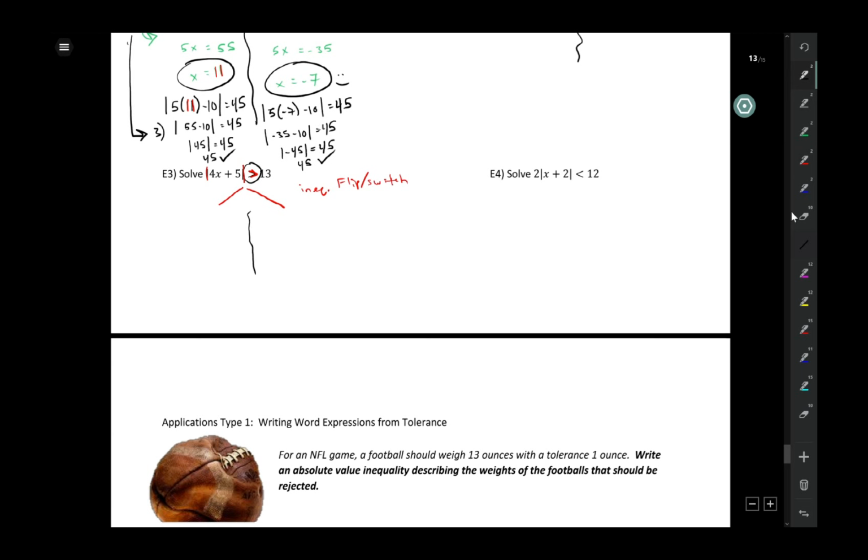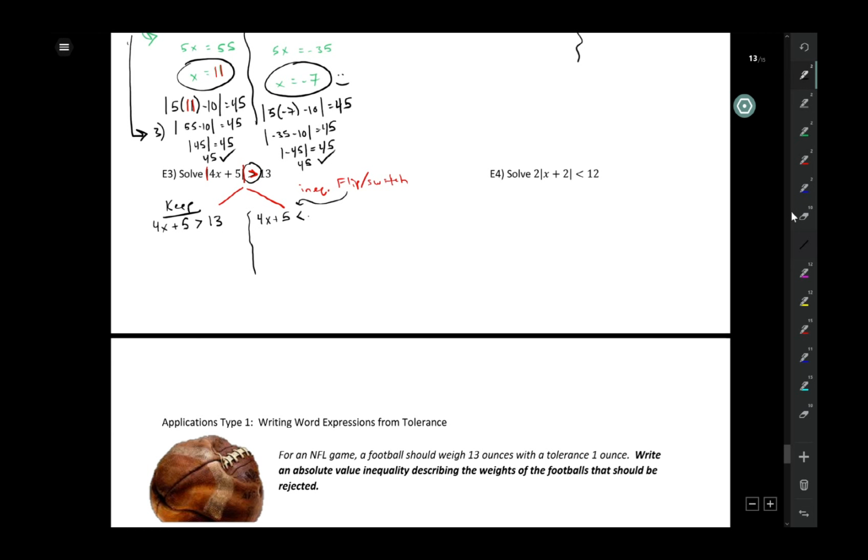One, you keep exactly the same. Keep 4x plus 5 is greater than 13. Would you say I kept it the same? Yes. Over here, 4x plus 5, we're going to flip the sign. Here's the flip.